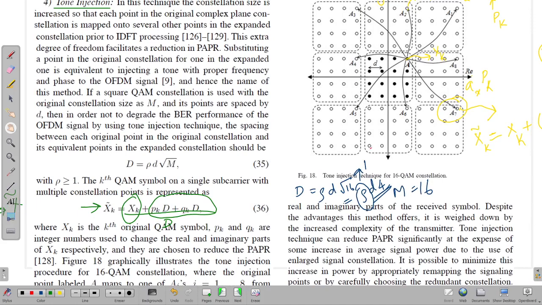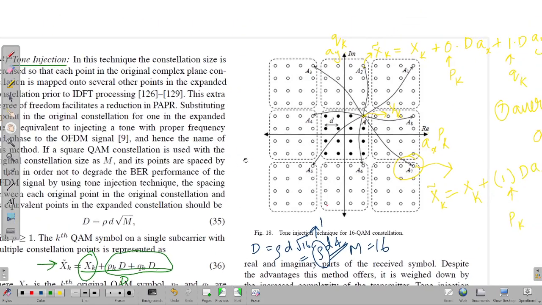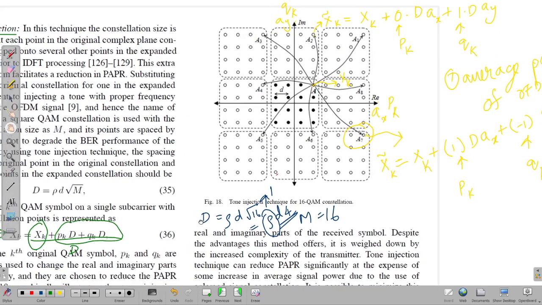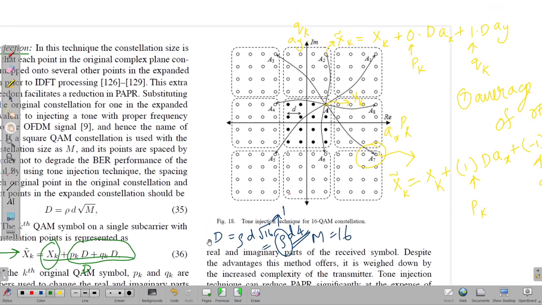You can see that there is a need of an optimizer to select the extended constellation point onto which the original constellation point has to get mapped. So the transmitter side needs an optimizer in order to decide that, and this optimizer can be complex in nature, with complex circuitry, because of the number of constellation points.